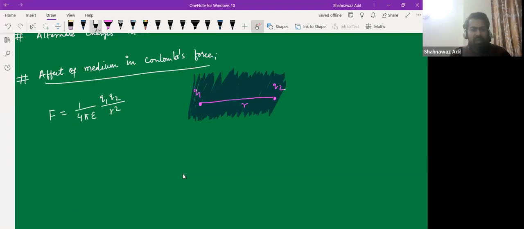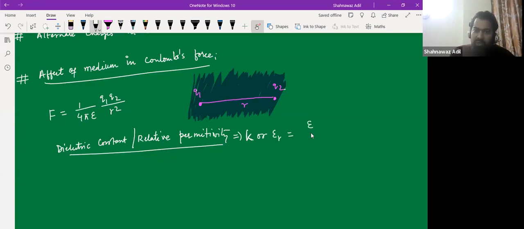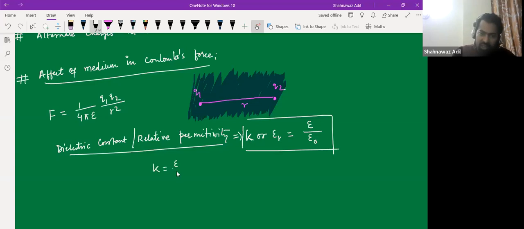We represent one quantity which is called the dielectric constant, or relative permittivity, represented by K or epsilon r. It is the ratio of the permittivity in the medium to the permittivity in free space. So K is E by epsilon naught.